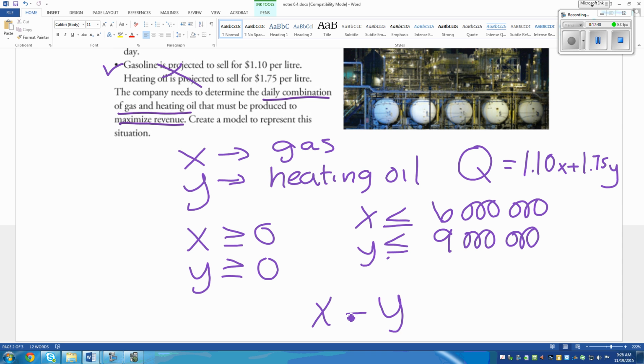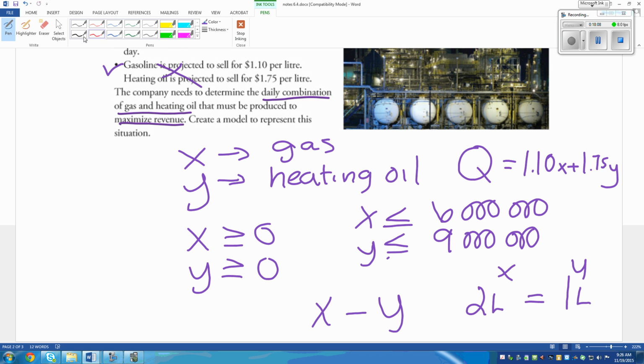If I produce 2 liters of gasoline, I only produce 1 liter. If this is my X, this is my Y, 1 liter. How do you make it equal? What do you have to multiply by?